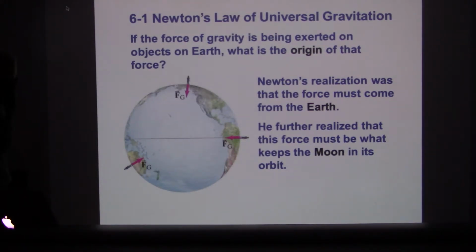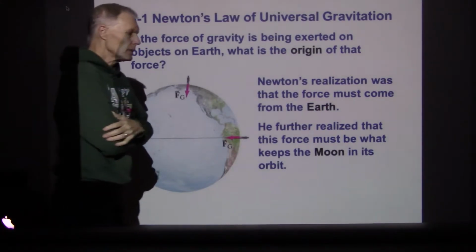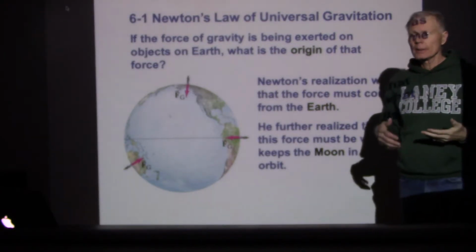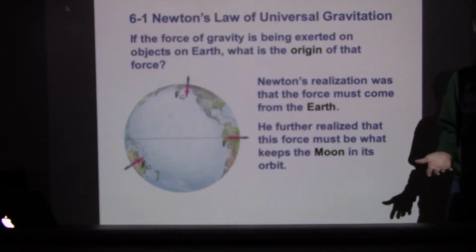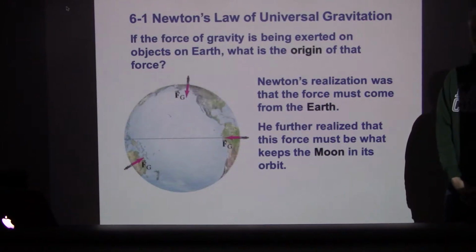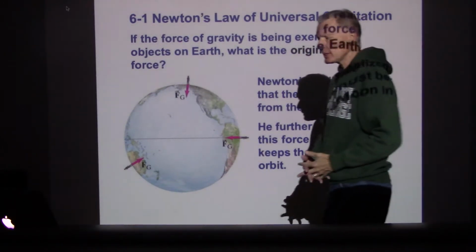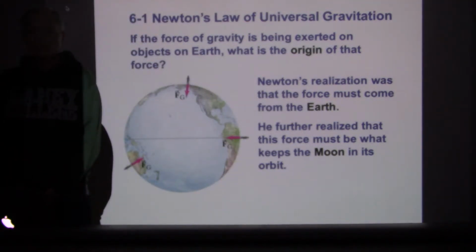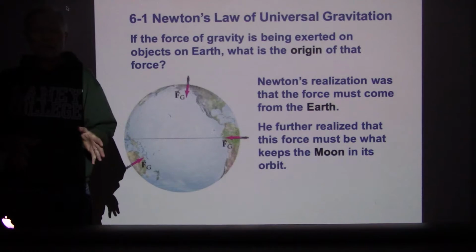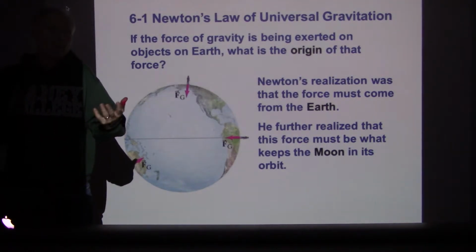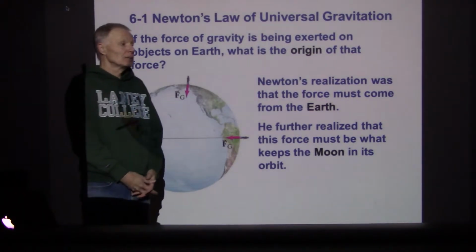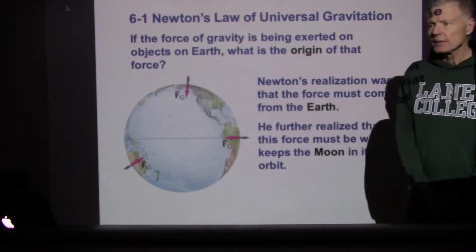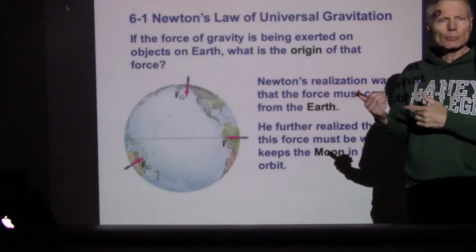So the formula that we use for gravity dates back to Newton. Now we have more recent descriptions. We have a more recent, actually more complete theory of gravity from Albert Einstein, which is general relativity. We're not going to use that in this course, and the reason why is that mathematically it's like a million times more difficult than the formulas that we've been using.